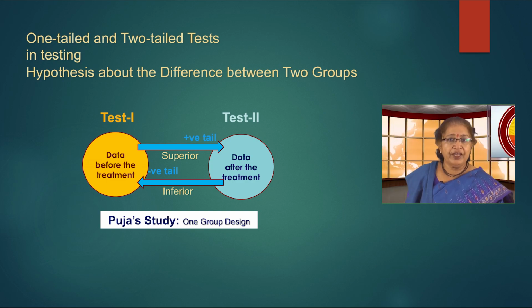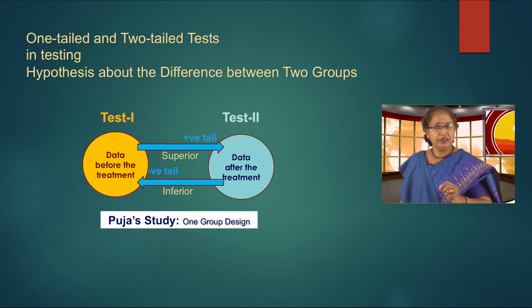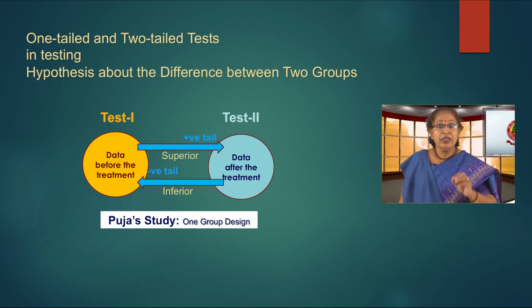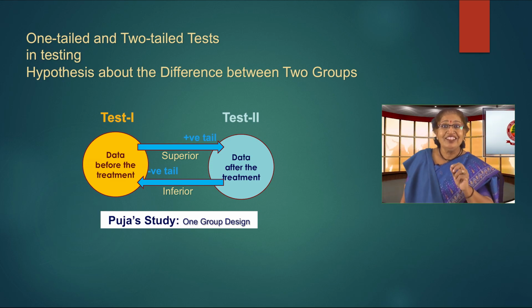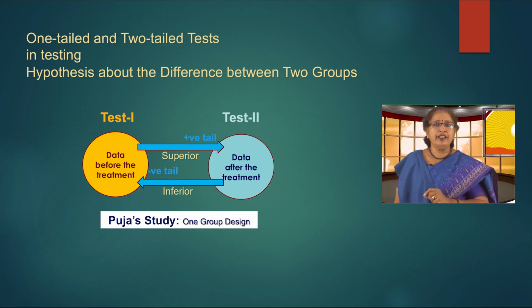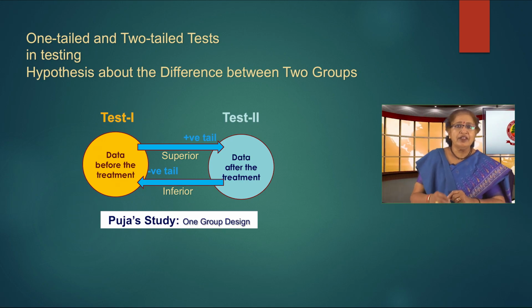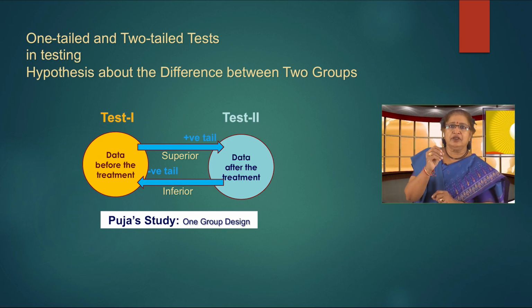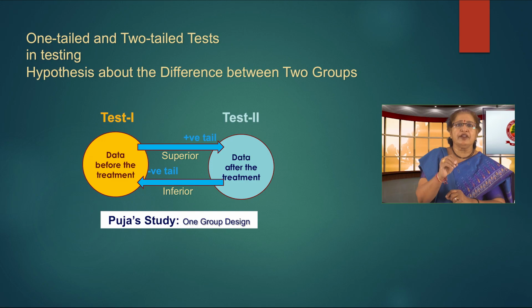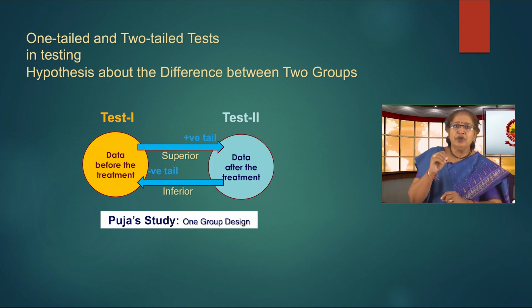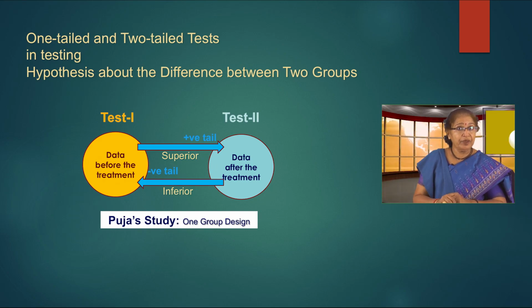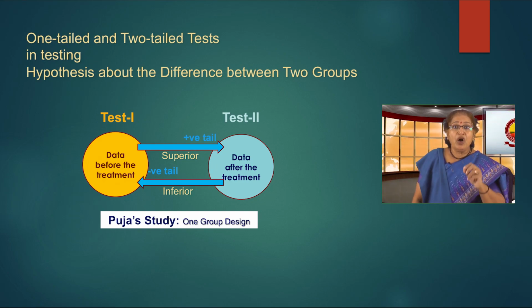If we analyze Pooja's case, where she sets a standard for her group of students before applying the intervention program to study its influence, she then wants to discover whether the results obtained after the intervention program shall be superior to the set standard performance of those students or shall be inferior.